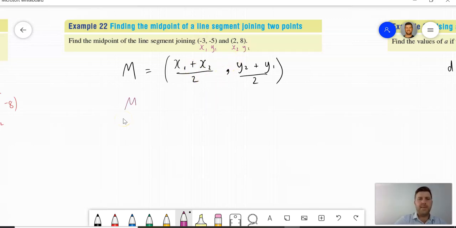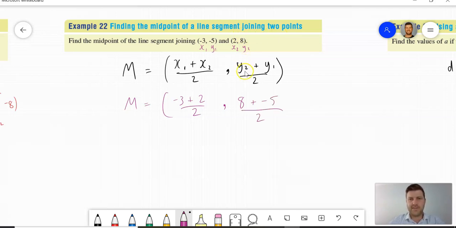So m, in this case, is a different formula, but m equals, instead of x1, be careful, I've got -3, plus, instead of x2, I have 2, divided by 2, and the comma, y2, oh, sorry, it could be, I'll put a y2, y1, doesn't matter, we're still adding them together. Let's do 8 plus -5 over 2.